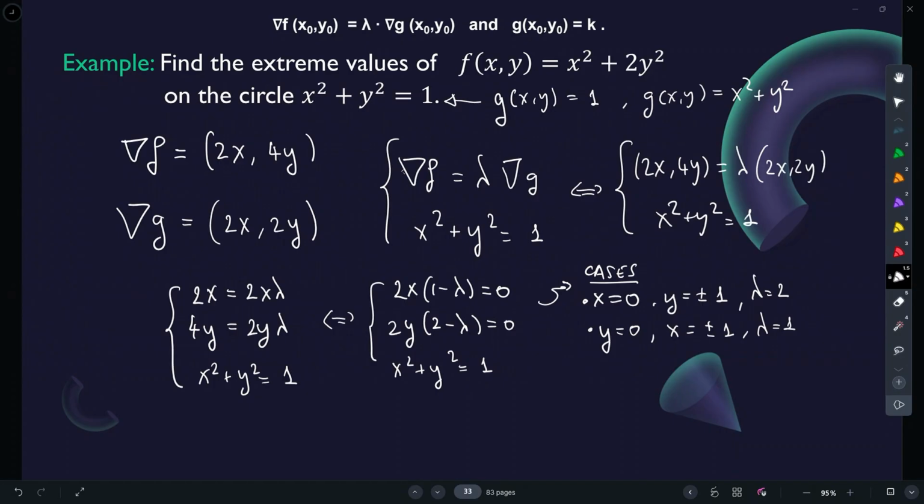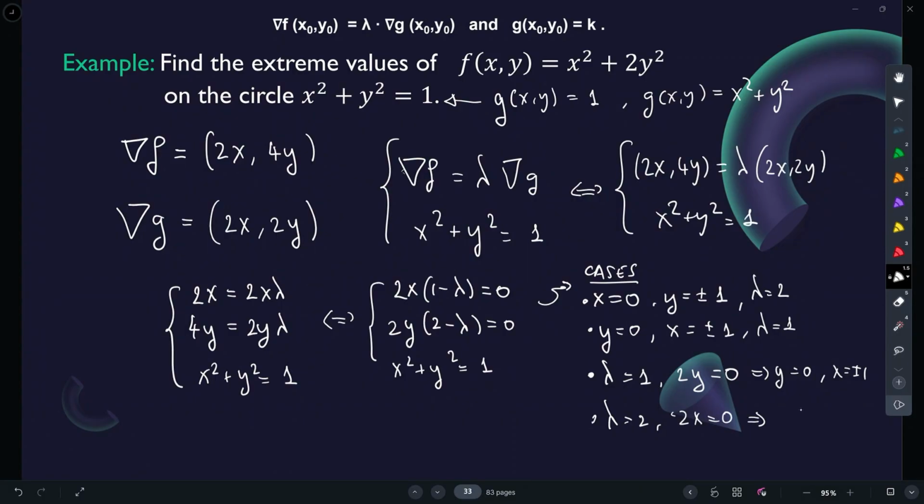Or let's see what happens if lambda is 1. If lambda is 1, then that makes this 0. But then if I plug lambda in here, what I get is 2y is equal to 0. That tells me that y is 0. And I get to the same conclusion that x is plus or minus 1. Or if lambda is 2 in this equation, then if you plug it in here, what I get is that minus 2x is 0.